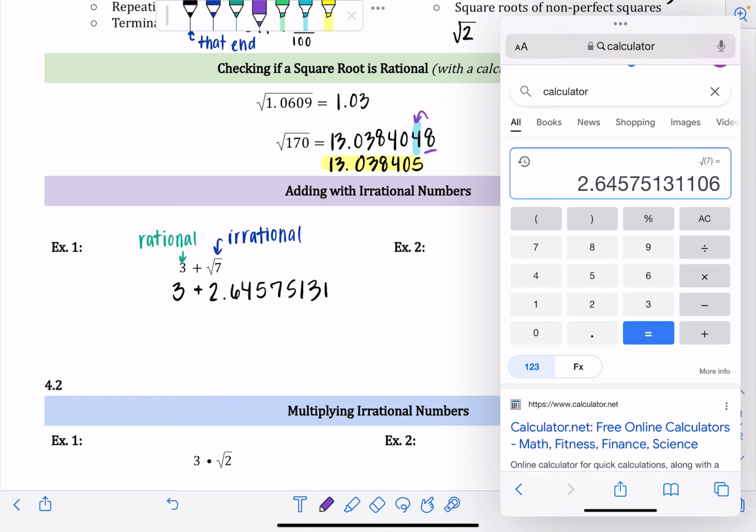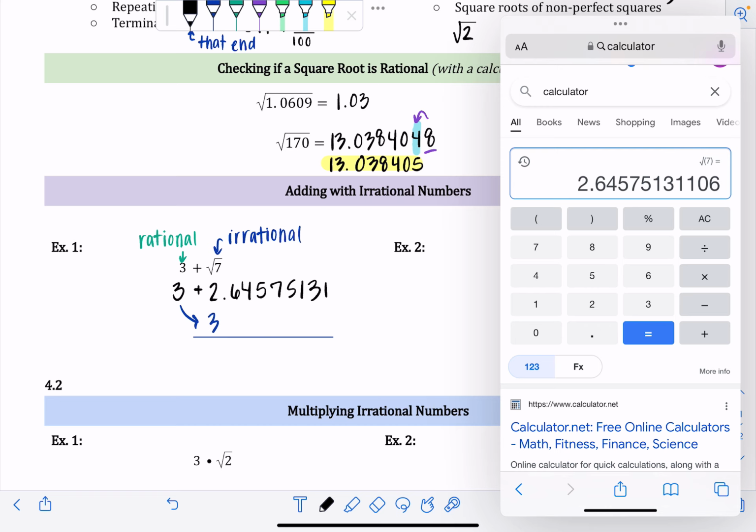And now I just need to add them. This 3 is in the 1's place and this 2 is in the 1's place, so we just have to add those together. If it's helpful for you, you can always rewrite the problem in a more vertical format, lining up the place values. For example, the 3 is in the 1's place, so it would go down here. Then I can add from, technically, right to left, but in this case, I think left to right works perfectly fine too because we don't have to carry anything.